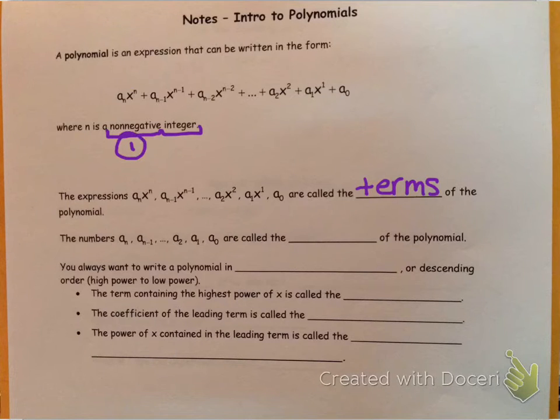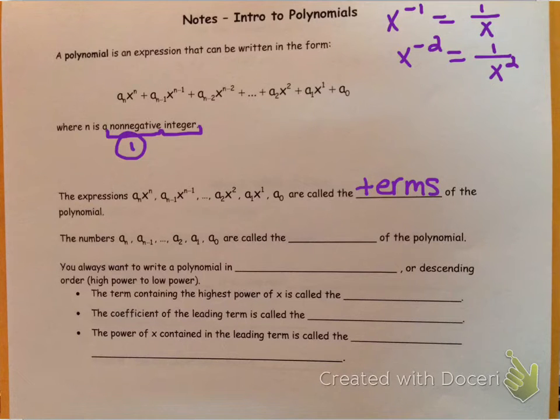So let's talk about what number one means, what non-negative means. If n, the exponent, was allowed to be a negative number, then what would happen? For example, if I did x to the negative 1, it would become 1 over x. If I did x to the negative 2, it becomes 1 over x squared.